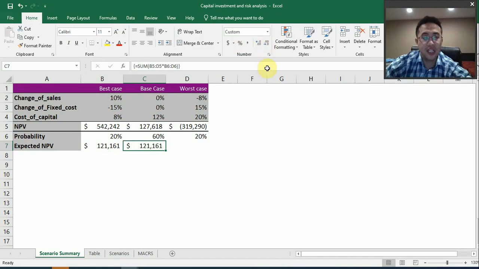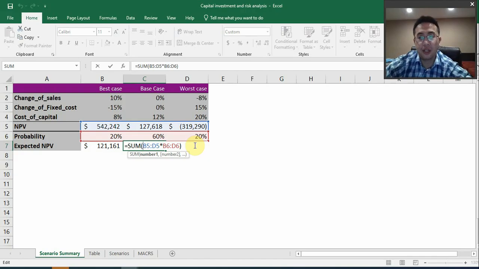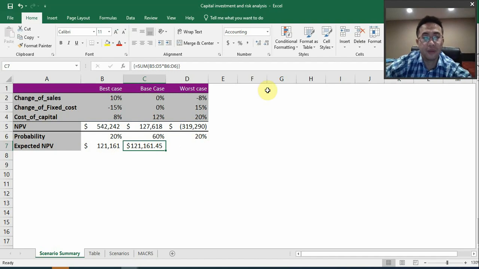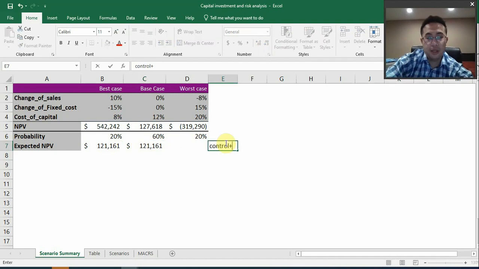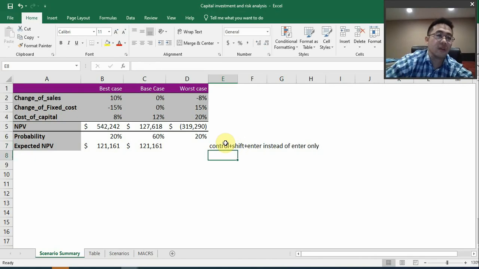And I think this is easy. This way, you don't have a lot of numbers to click. So you just select 2 areas and make the product, and then Control Shift Enter. Okay, so Control plus Shift plus Enter instead of enter only. All right, so that's for expected NPV.